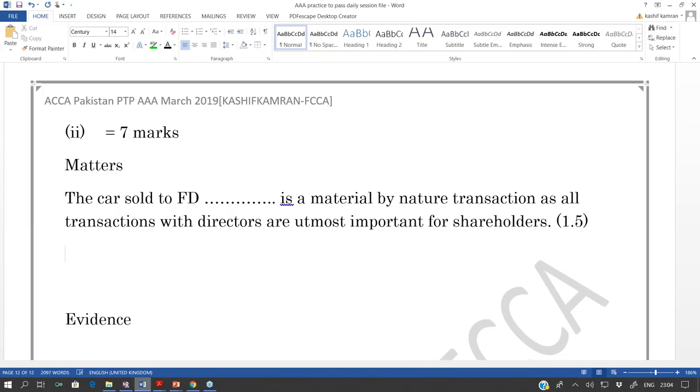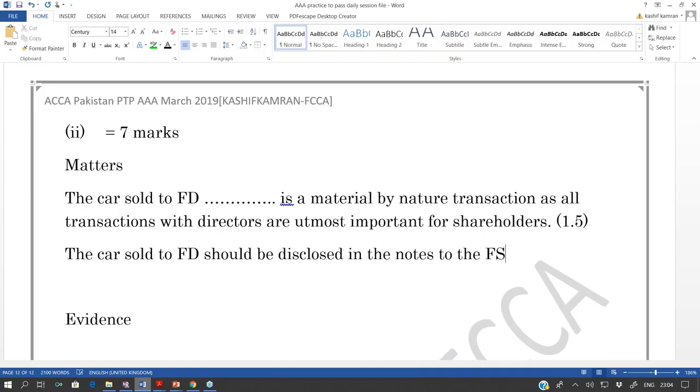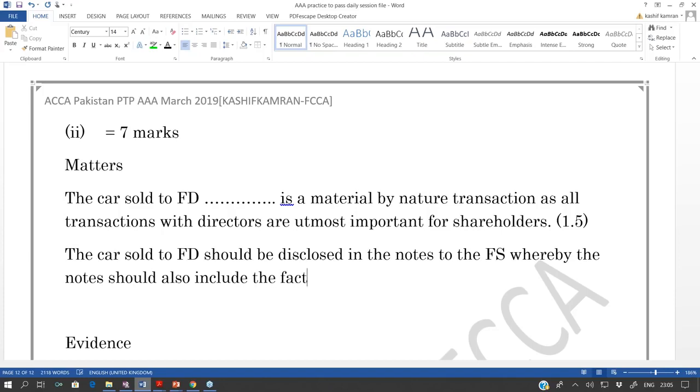Then you come to the second paragraph and you say the car sold to the finance director should be disclosed in the notes to the financial statements, whereby the notes should also include the fact that the director is yet to pay for the car purchased.